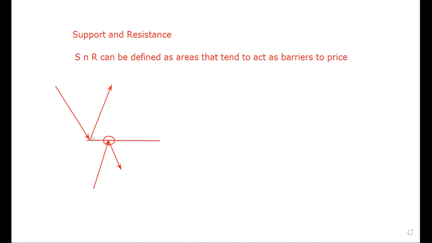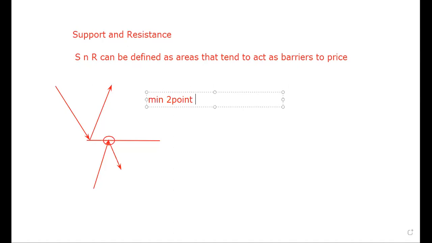Now, does this mean that any straight line you draw is a support or a resistance? No, there are conditions to this. And what is the condition? You should be able to find a minimum of 2 points at previous occurrences, in previous history, where price got to that point and it reversed.